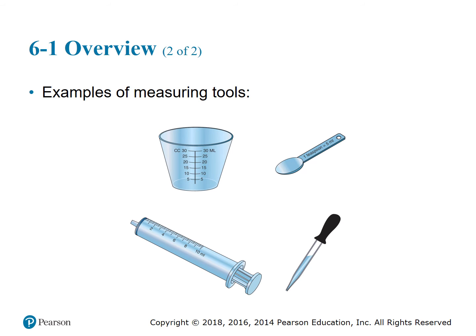So here we see some examples of different types of measuring tools that we might use in the healthcare setting. Medicine cups and syringes are 2 that we will use on a daily basis as surgical techs. Also, graduates, bowls and basins will also use and need to measure either amounts of fluid used or amounts of fluid left, those kinds of things.